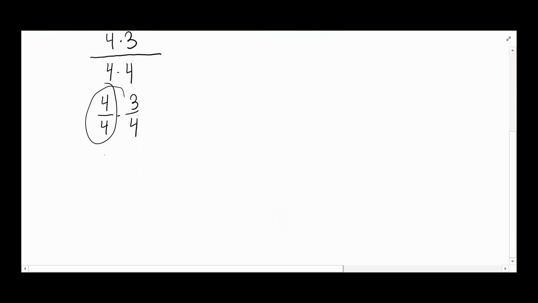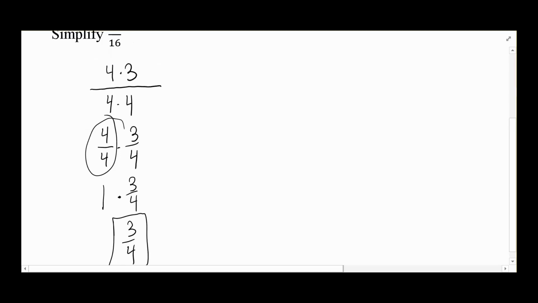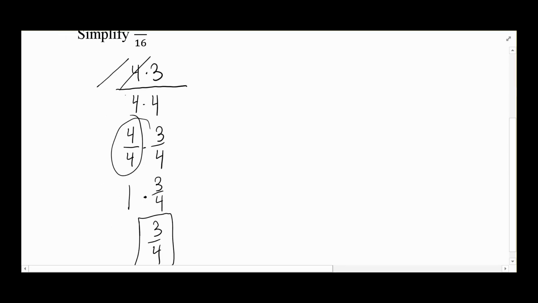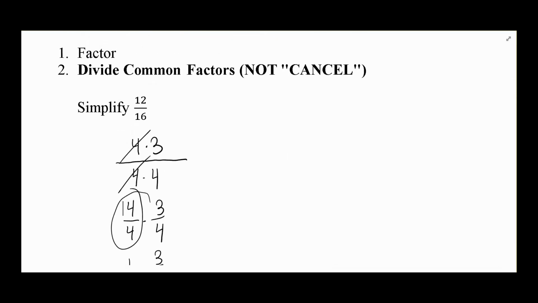Well, 4 over 4 is just 1. And 1 times anything is itself. So I know that way back at this step here, most of us are in the habit of just crossing off the 4's and calling them good. But if we go back to our directions, I'd specified not to cancel.